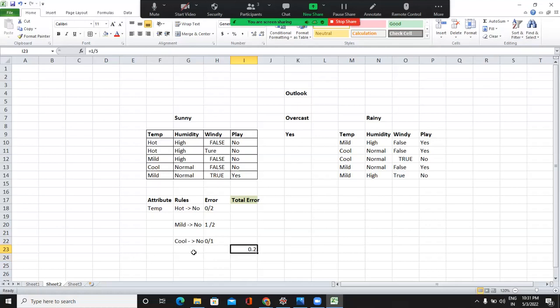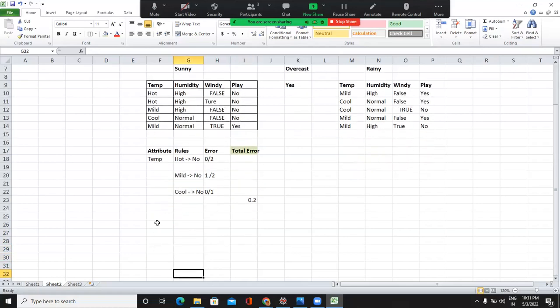Then humidity. Next attribute is humidity. What are the possibilities? High and normal. So first we take high.